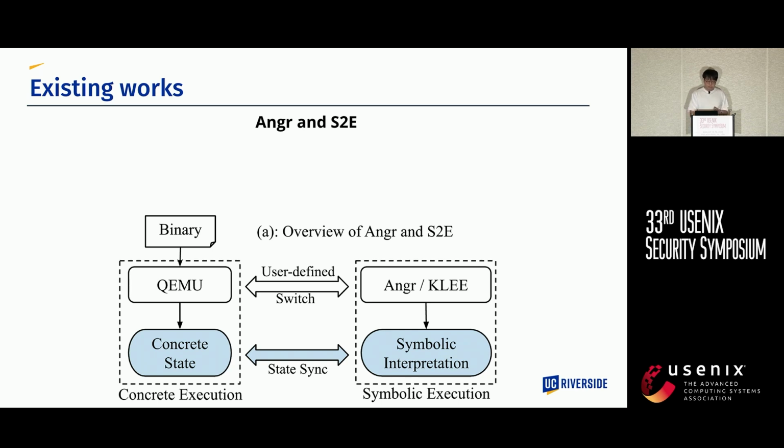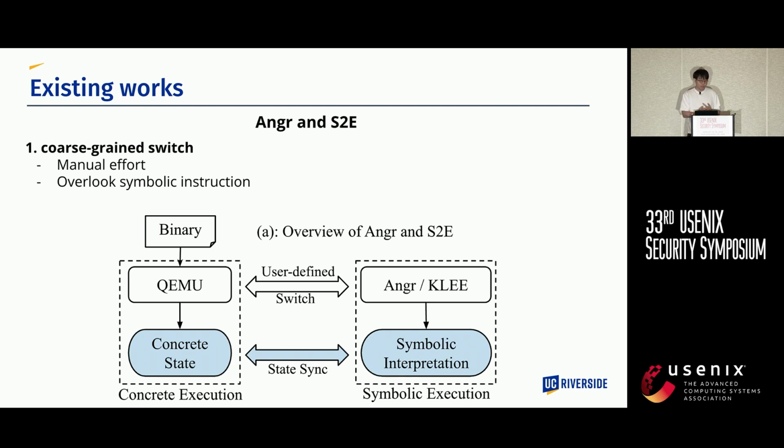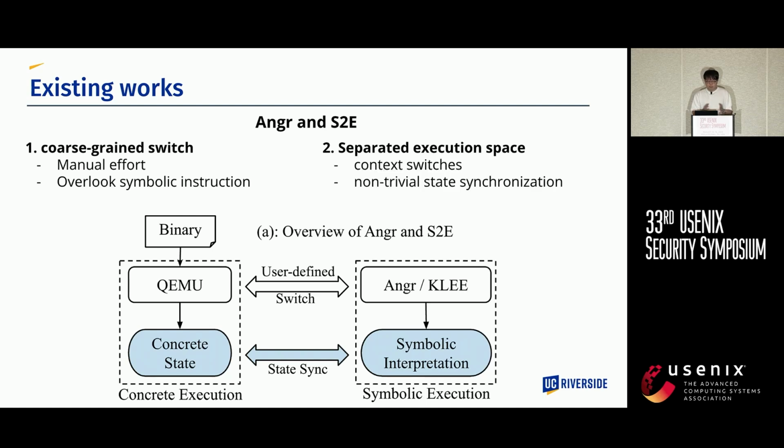This process is usually predefined, which requires manual engineering effort to identify the function or code of interest, and it can potentially overlook symbolic instructions that propagate from the input. And more importantly, the two stages happen in different execution spaces, meaning that context switches are needed, and it takes non-trivial overhead to synchronize the state between the concrete and symbolic environment.